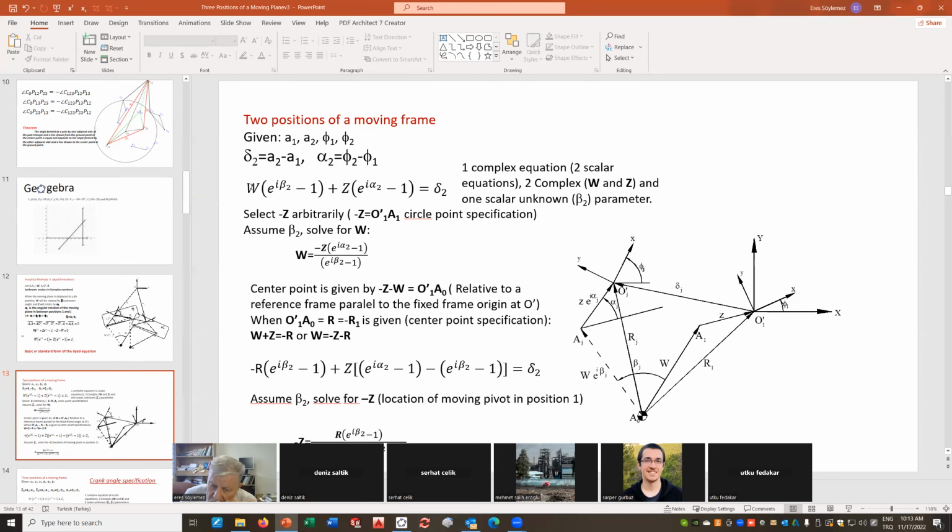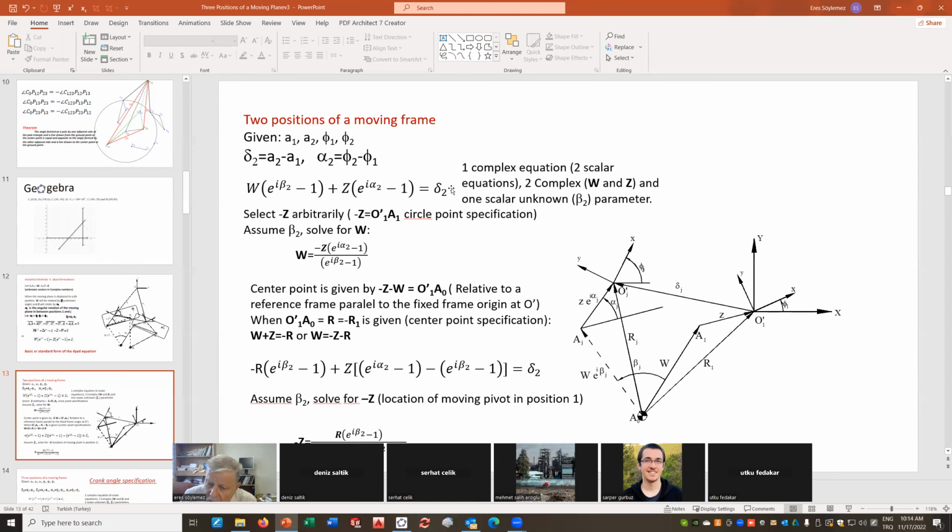W is an unknown, Z is an unknown, and beta 2 is an unknown. Two vectors and one scalar unknown add up to 5 scalar terms, right? A vector in the plane has 2 components. So it adds up to 5 scalar unknowns.